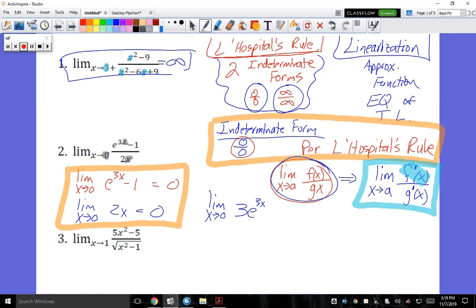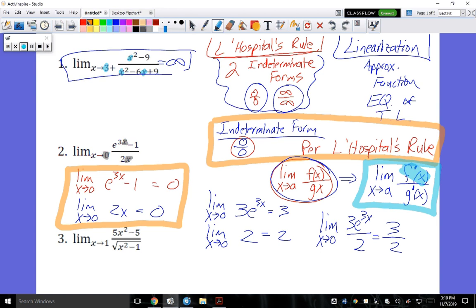What's the other derivative going to be? 2. So you'll say that the limit as x approaches 0 is equal to what? 2 for this one, and what for this? 3. So guess what our answer is? 3/2. Because the way I want you to write it is the limit as x approaches 0 is 3e to the 3x over 2, which is equal to that.